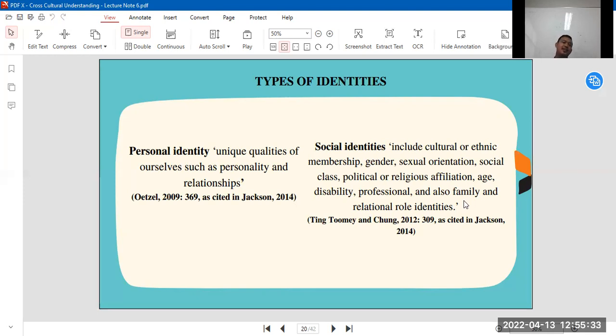Now the first is the personal identity. Here we have Odzal in 2009.